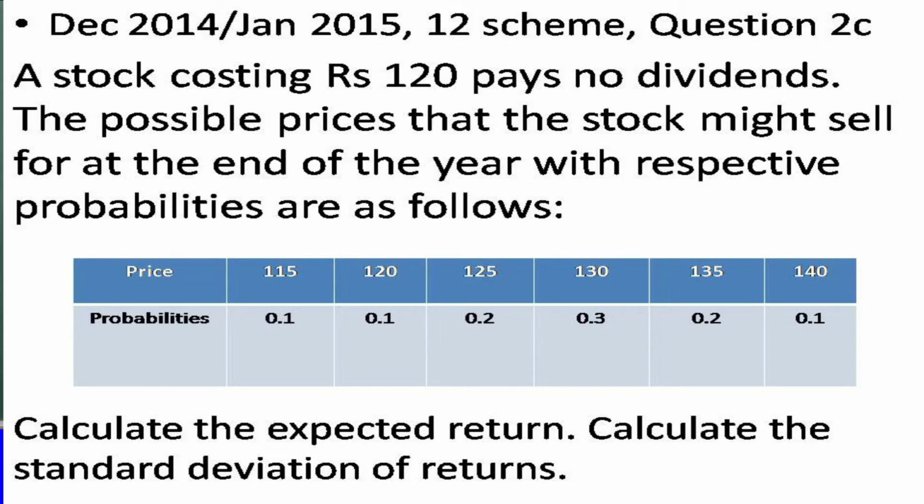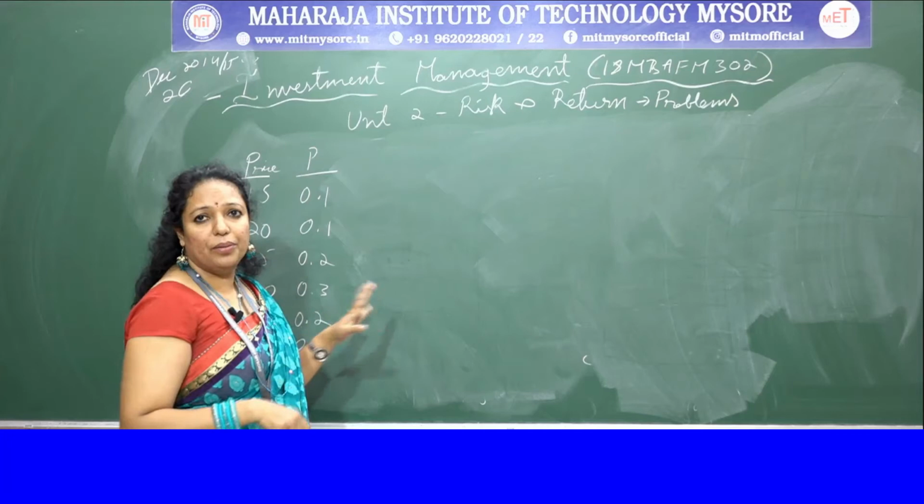I'll write price fully, and they have given the probability: 0.1, 0.1, 0.2, and 0.3, 0.2 again and 0.1. Okay, this is the problem.